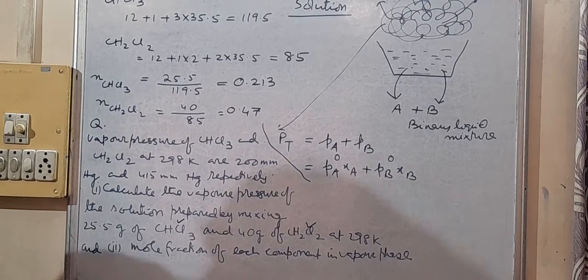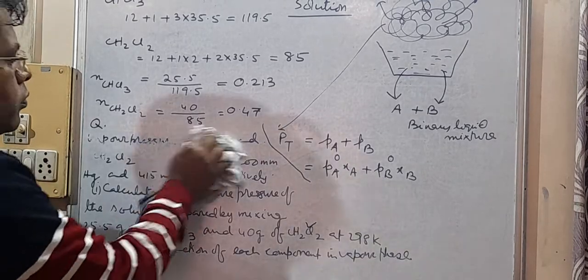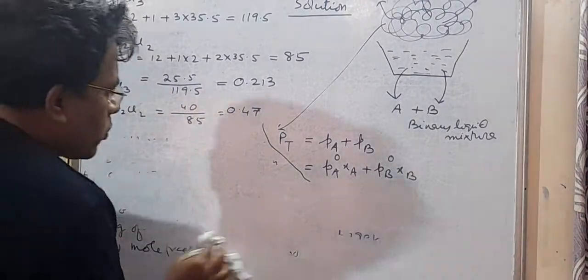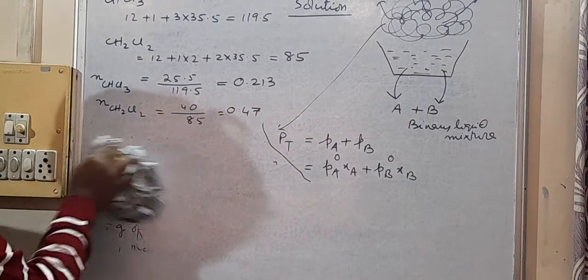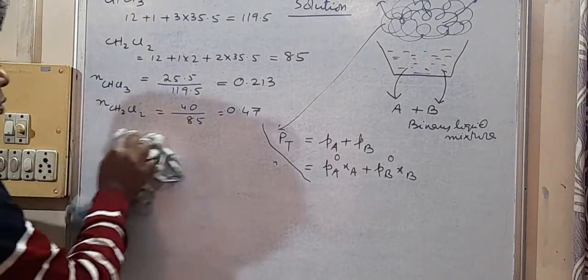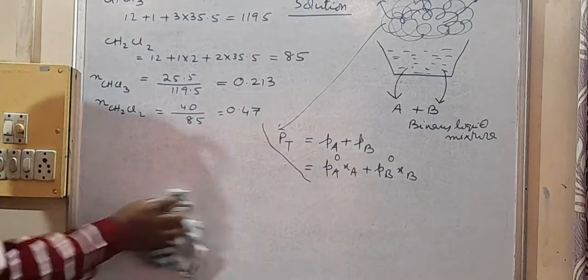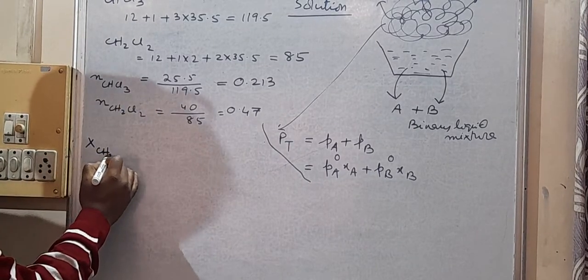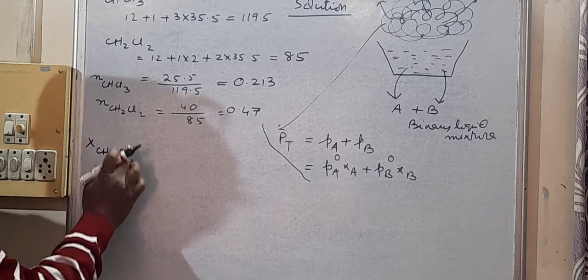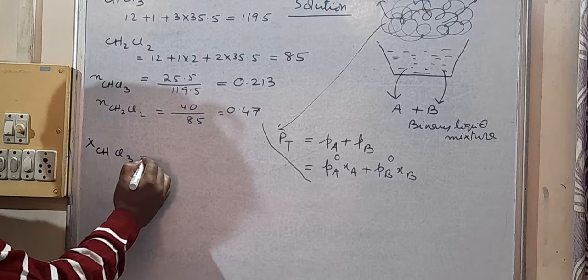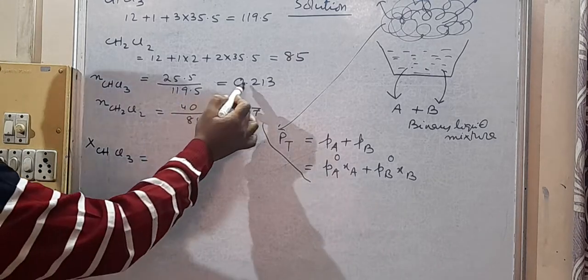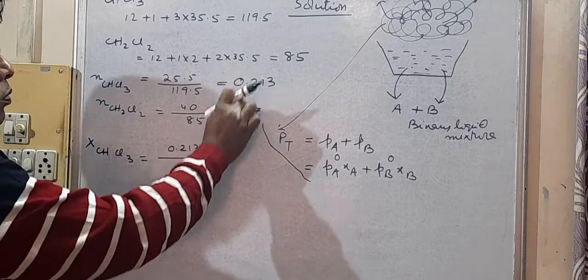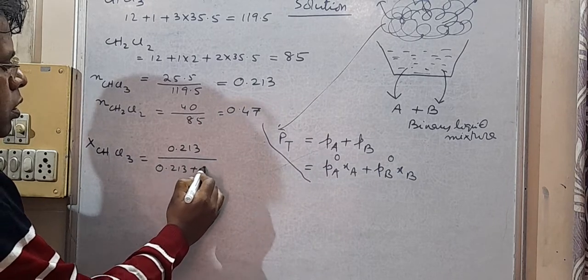So now you can find the mole fraction. The mole fraction of CHCl3 will be the moles of chloroform, 0.213, by the total number of moles, the sum of these two, 0.213 plus 0.47.